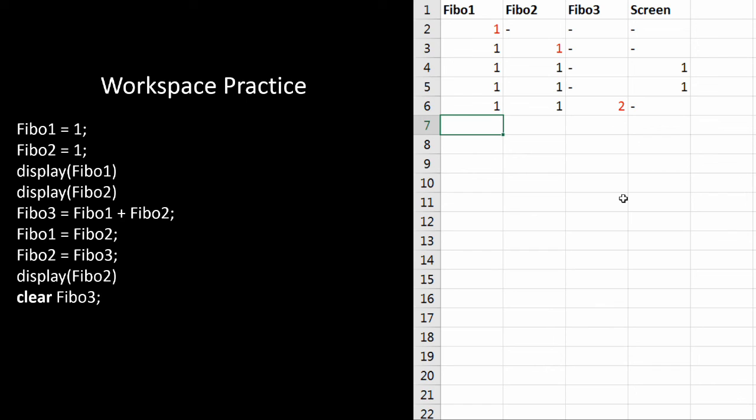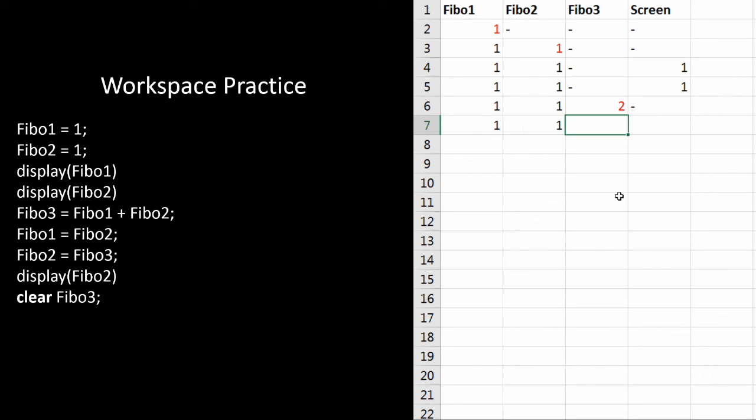We now are swapping our variables in order to calculate the next term. So Fib1 now becomes Fib2. So that's a 1. Fib2 now becomes Fib3. Sorry, we're doing it line by line. So Fib1 becomes Fib2, so that's a 1.